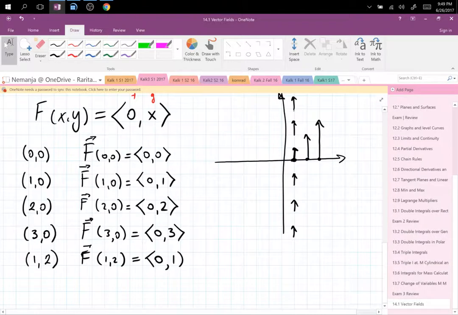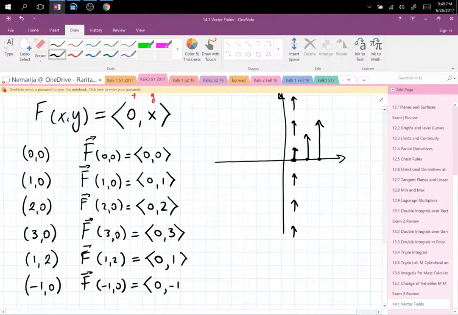And then you can try and just say, okay, so what happens for negative 1, 0? And we see we get 0, negative 1. So it appears that on the other side, these little guys go the other way. And as you keep computing, you have all of these vectors that are 2 units long.